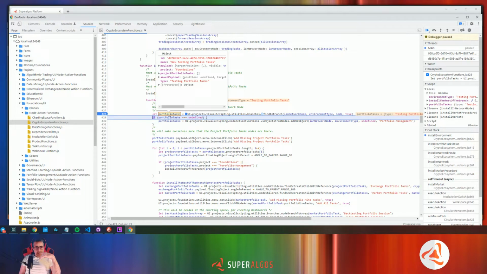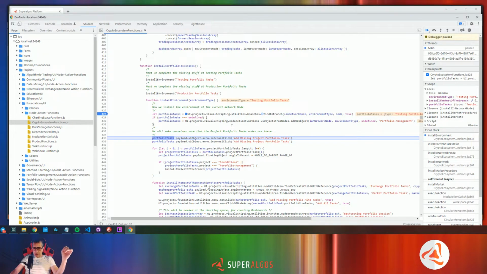Testing portfolio tasks. So it's never getting into that line. But hold on, what are we doing here?